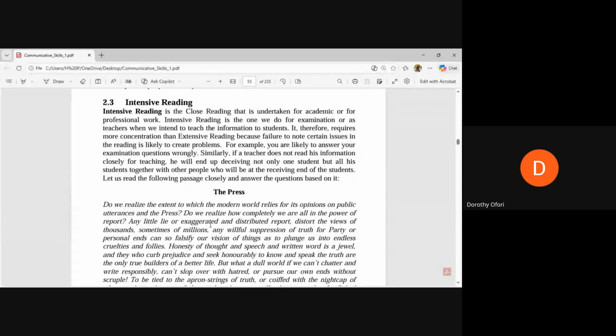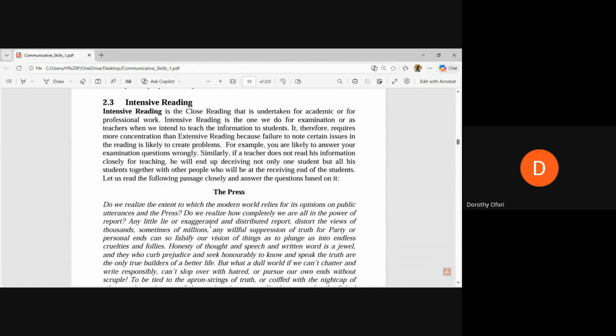One, it is for academic or professional purpose. Two, when we read intensively, we focus on those things that are relevant in your field.